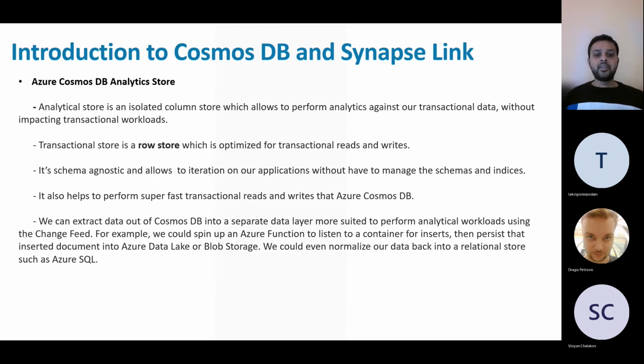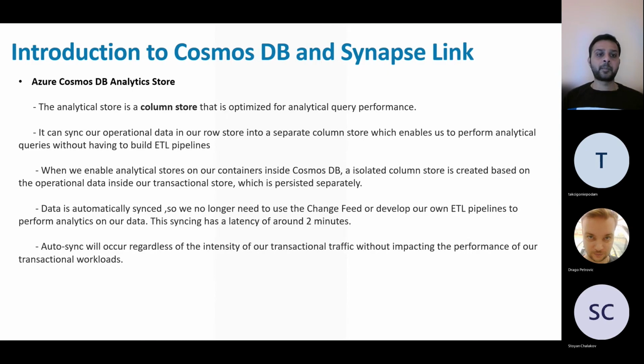So let's say we can spin up an Azure function to listen to a container for any insert. Whenever new files are inserted or added to the container, it will directly trigger the change feed mechanism of Cosmos DB to get the data from the blob storage or ADLS into Cosmos DB. So this is another major feature of Cosmos DB Analytics Store.